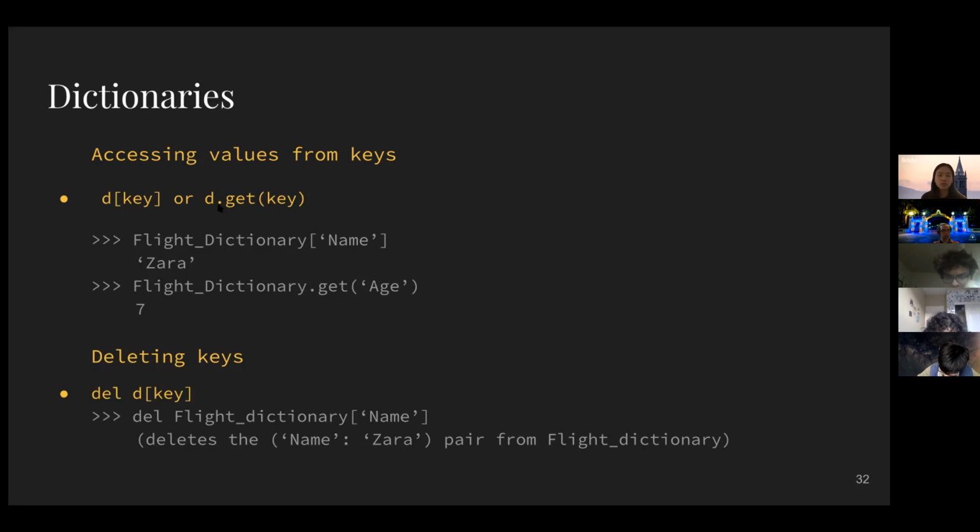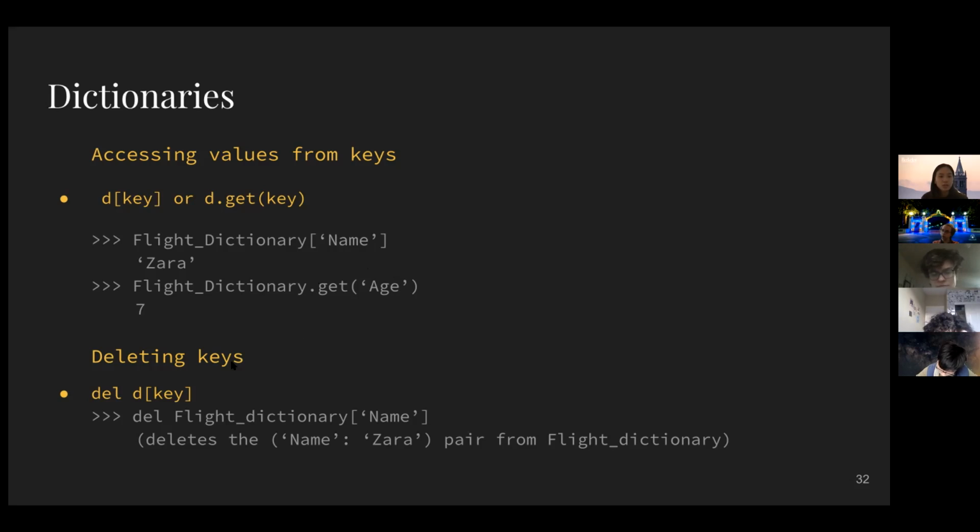The dot notation basically means it's another function like we've seen before, because you can tell by the parentheses. And it basically says from this dictionary, the function will return the value associated with the key you put in. And so these are the two ways that you would access values from your keys.